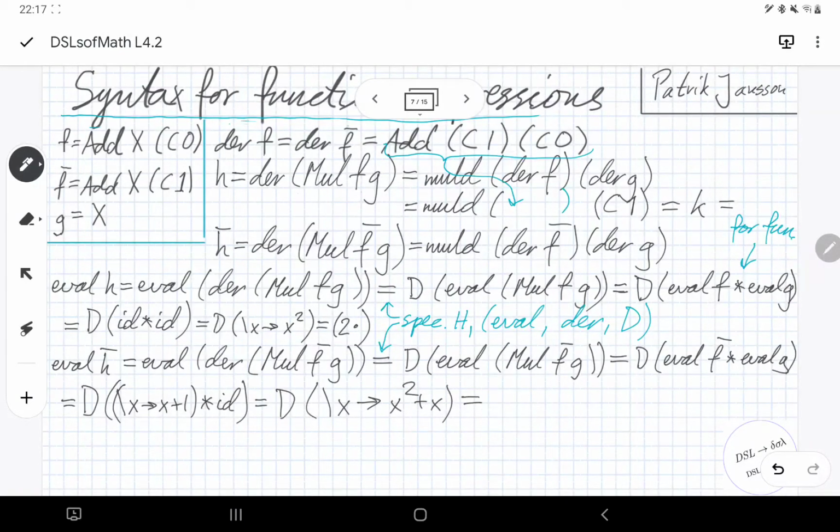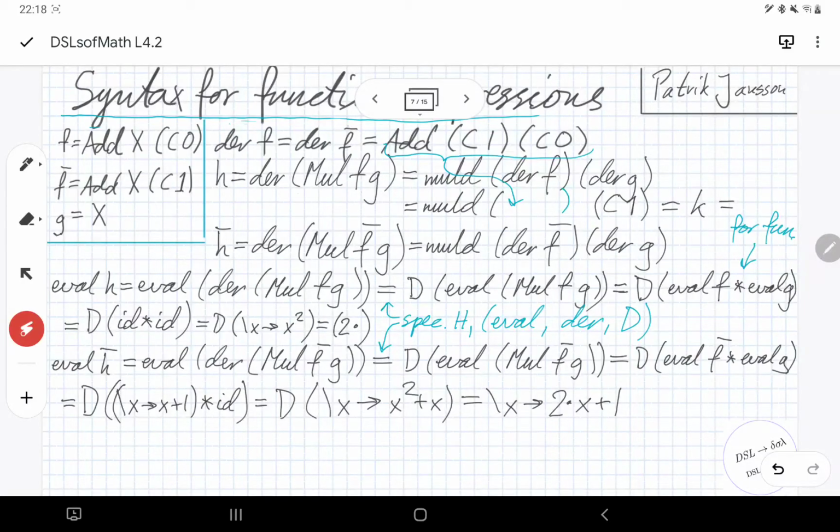And we know what that derivative is. It's the function that takes x to 2 times x plus 1. So we have used the specification of eval and rules for derivatives, and we've computed the eval of h and the eval of h bar.